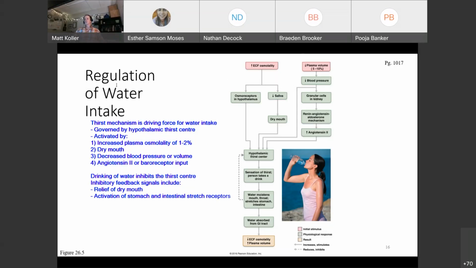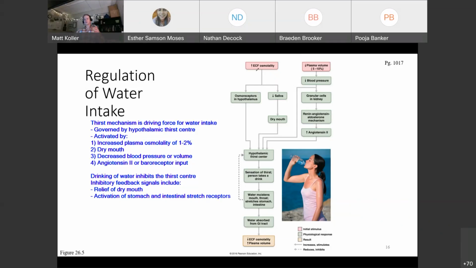So let's go through this bit by bit, because we should, and you need to understand this. I don't want you to look at this diagram and be like, ah, I want you to look at this diagram and go, but it's not so bad, I can handle this. ECF, extracellular fluid. So this is the fluid, the interstitial fluid around your cells. This is the fluid within your blood plasma. We see an increase in osmolality.